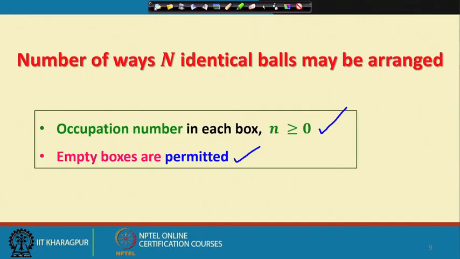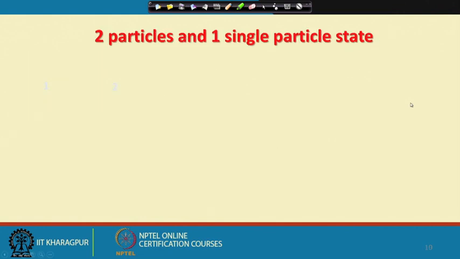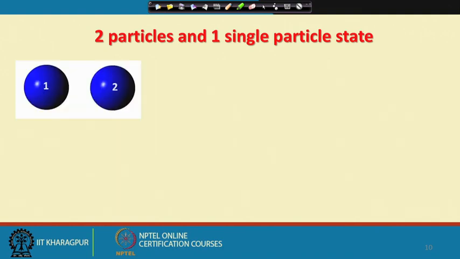Now, with this rule in mind, let us go back and check out what happens when we talk about, say, two particles and one single particle state. So, once again, just like before, I am going to use the balls to represent my particles. Obviously, this is an approximate representation and is being used for the sake of our understanding.